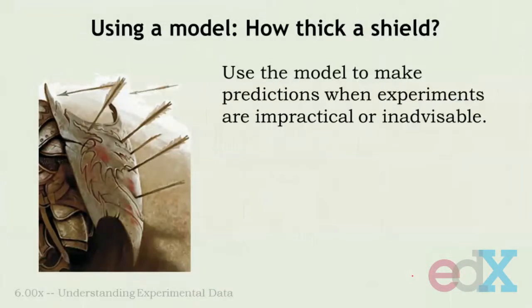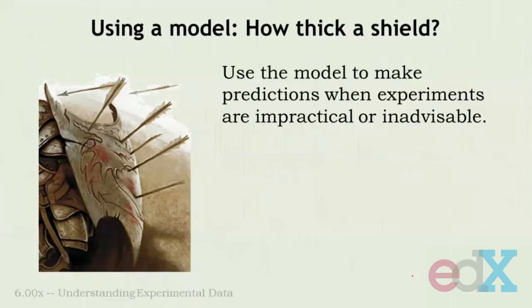Suppose someone came to you as an expert now on the trajectory of arrows and said, how thick a shield would I need in order to protect myself from an archery attack? Let's see if we can use the measurements that we took in the previous segment and help answer that question. So how would we use the model in order to make a prediction of the thickness of the shield?